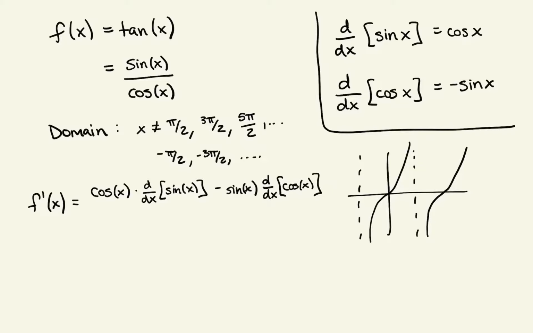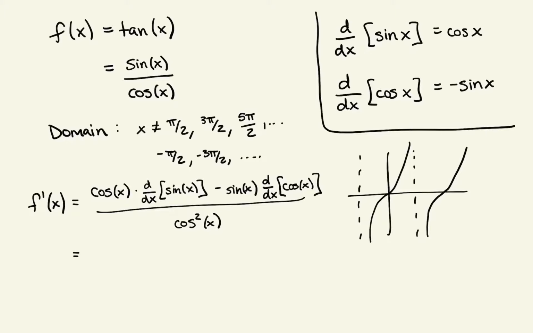So remember we have high d low minus, nope, I mixed that up. Low d high minus high d low, all over the square of the thing below. So that would be cosine squared x. See, now you know that I don't use that to remember it.